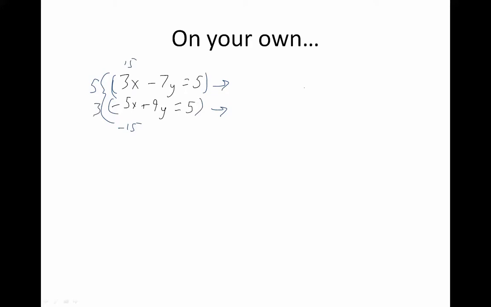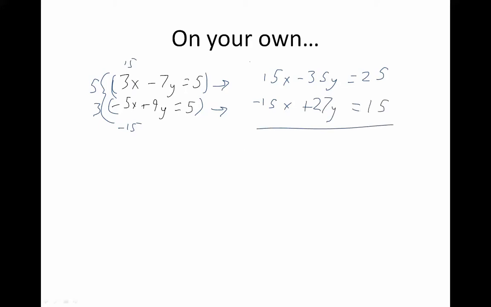That would be 3. So my new equations are 15x minus 35y equals 25, and negative 15x plus 27y equals 15.